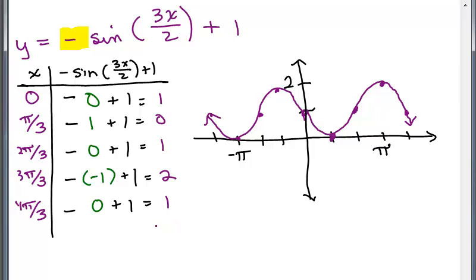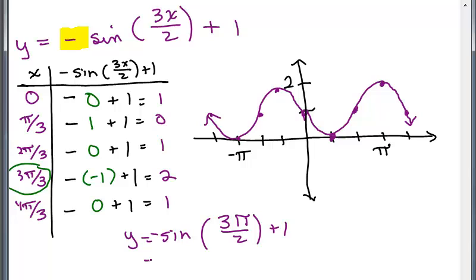So for instance, if I wanted to plug in for x, pi, so I'm going to plug in, for instance, 3 pi over 3, which is the same thing as pi, I would be putting in 3 pi over 2. This is equal to negative, plus 1.